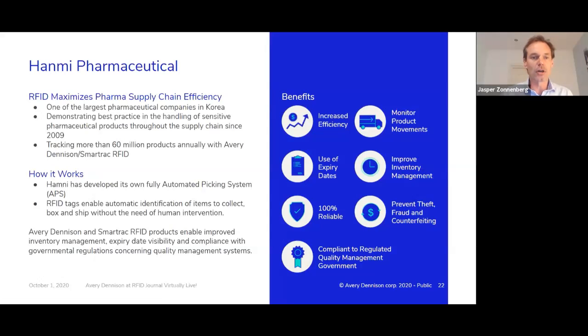Another big customer of ours is Hamni Pharmaceutical. It's one of Korea's largest pharmaceutical producers. And here RFID has been used now for a couple of years to tag more than 60 million products annually.